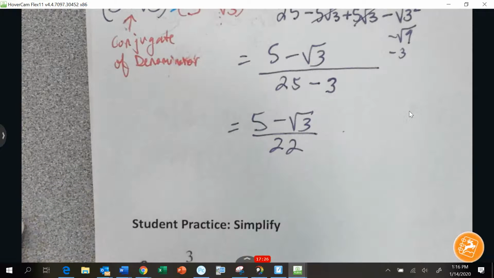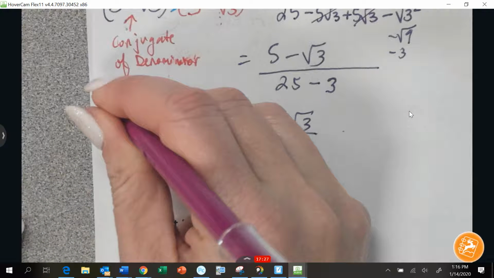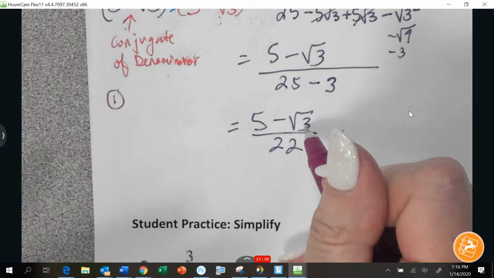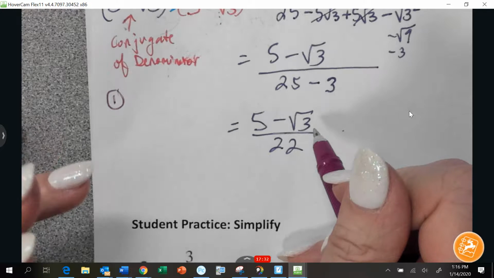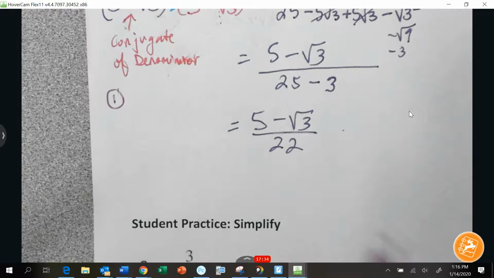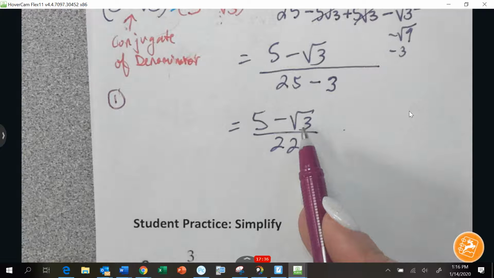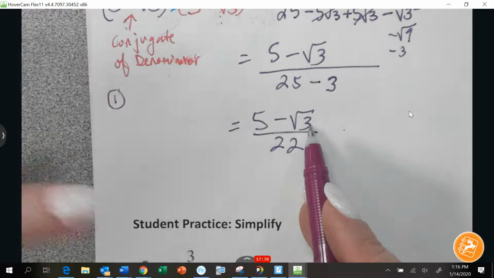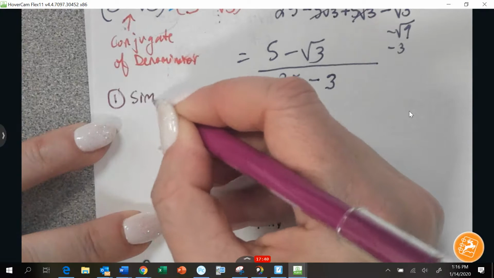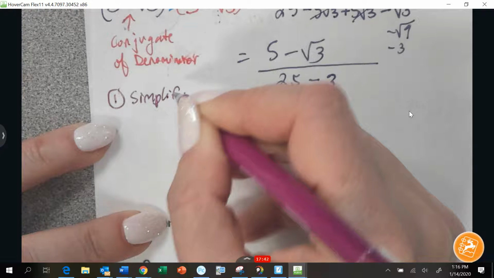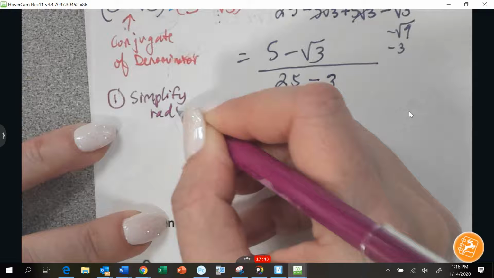I'm going to write the second one to be simplified all the way. So square root of 3 does not break down. But if I had like square root of 40, right here, break it down. So the first thing is simplify the radical. This has to be positive.